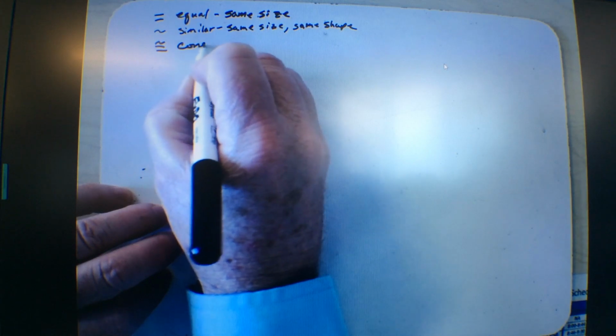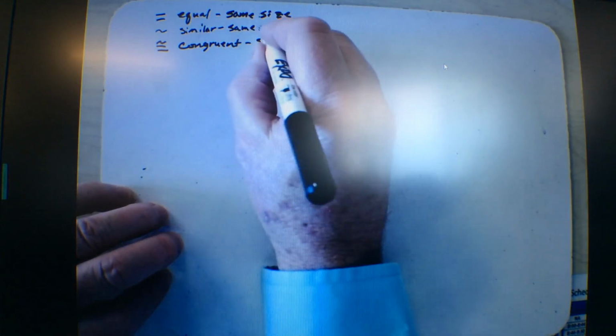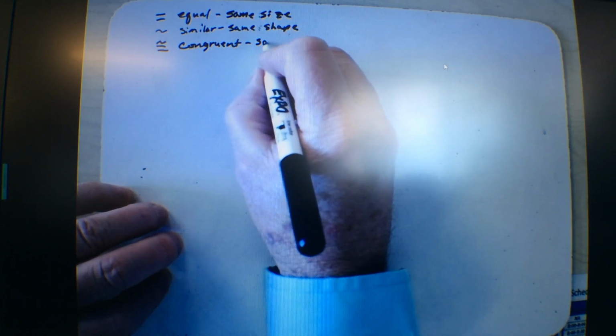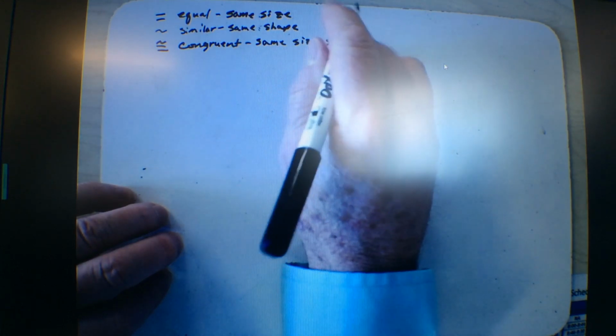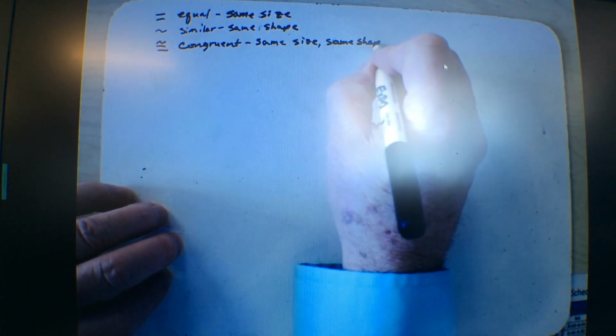Now if you put these two symbols together, they form this, which means congruent. We've been talking about congruent for a long time, but similar means same shape. Sorry about that. And congruent is same size and same shape.